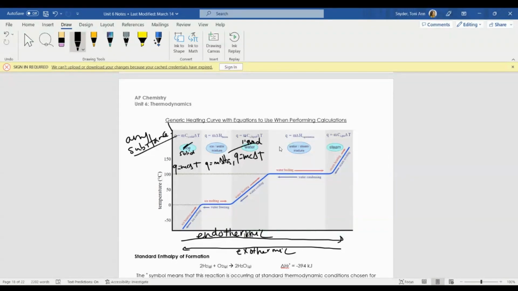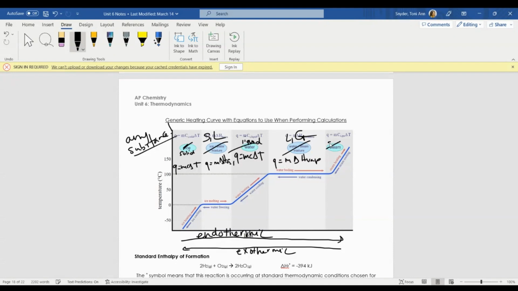If I have a phase change from a liquid to a gas, I can calculate how much energy is needed by using the equation Q equals M times the enthalpy of vaporization. Very similar to the enthalpy of fusion, I'm just changing the constant, whatever the value is for that substance based on intermolecular forces.